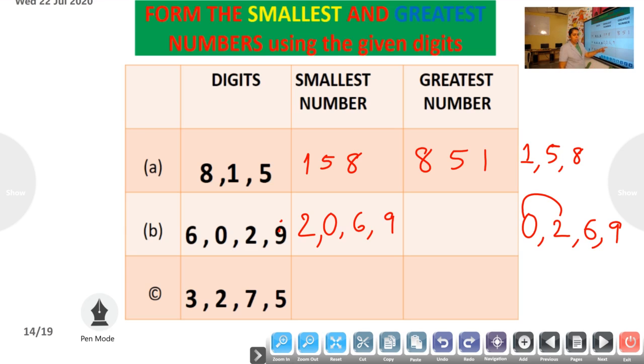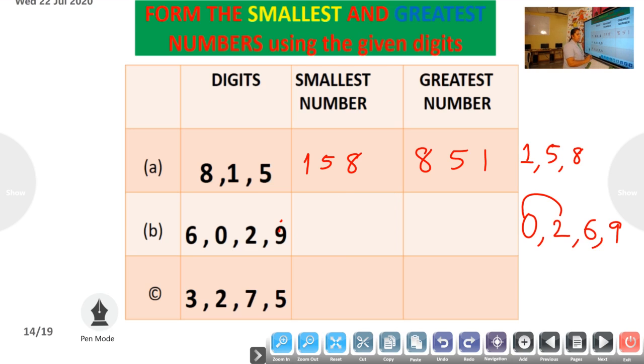Is it a number if we put commas between these digits? No, it's just digits. That's wrong. In between, if you put a comma, it becomes separate digits.